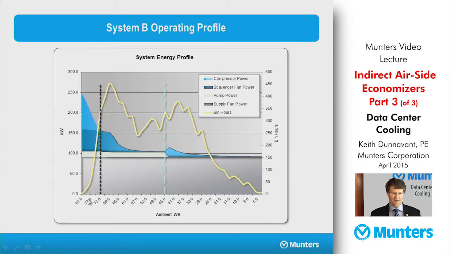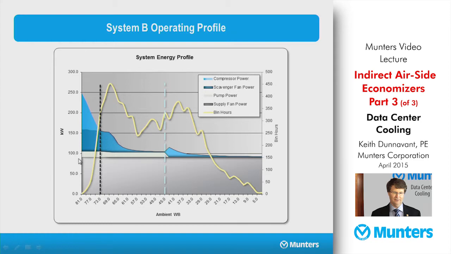If we start out here at 81 wet bulb, there was only 1 hour of operation. As the wet bulb is decreasing, you'll see there were a lot of hours at about 69 wet bulb, and the number of hours is decreasing. So the yellow line is the number of hours at each wet bulb bin.